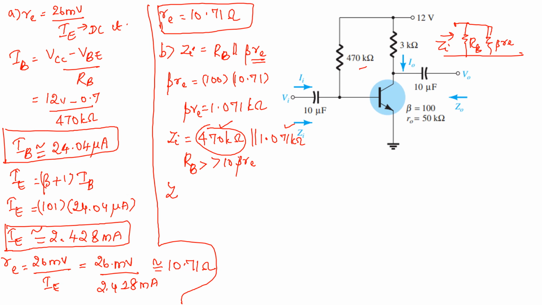So instead of doing the calculation directly, you can write Zi as approximately equal to 1.07 kilo ohm.